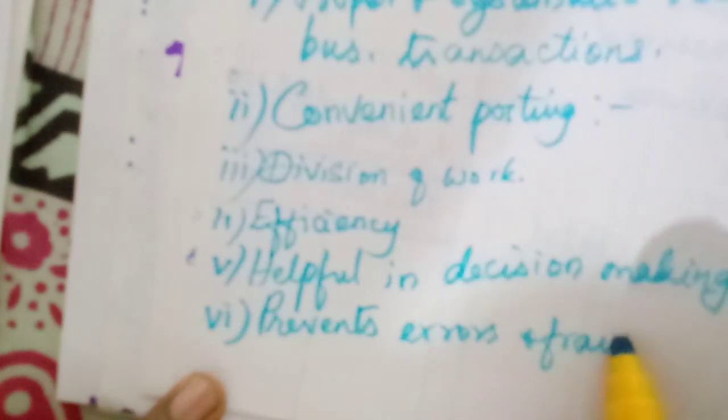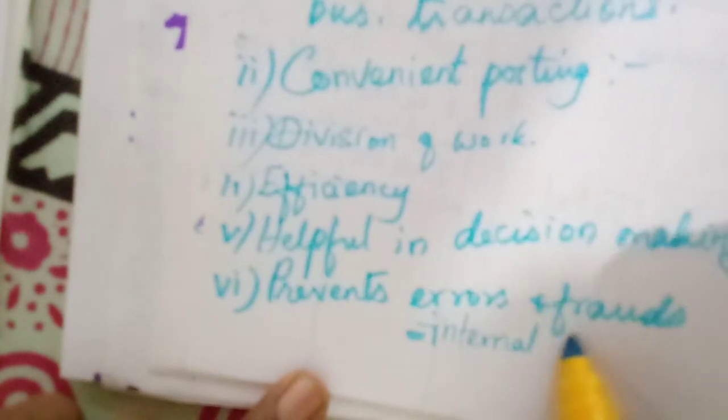Then the next point, prevents errors and frauds. In business organizations, there is internal check in the accounting section. What is the meaning of internal check? Internal check means one person's work will be checked by another person.